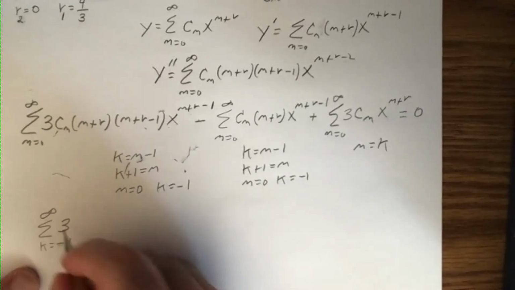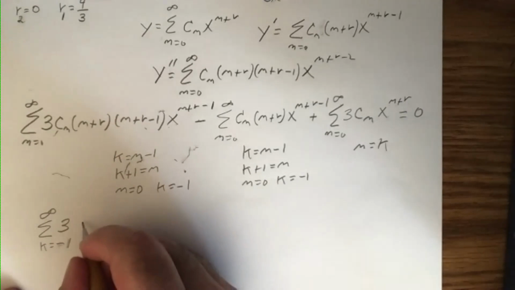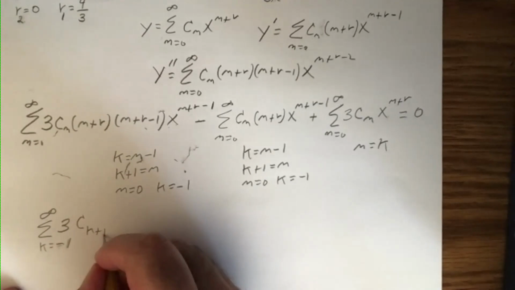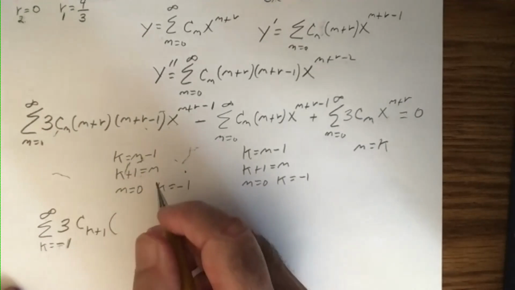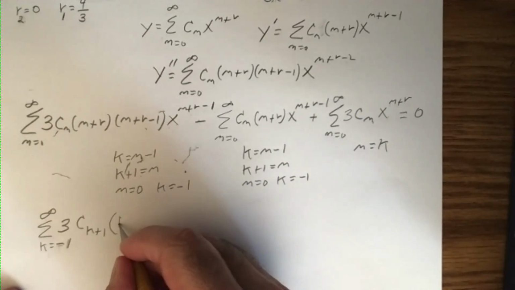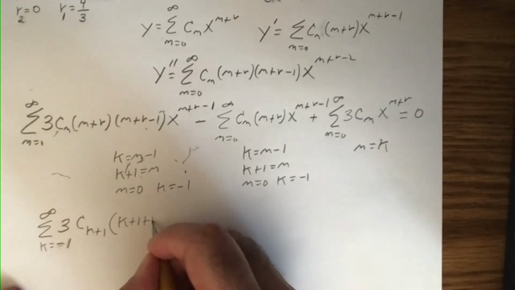Now this is 3, and this is going to be c to the k plus 1, because in the place of n I'm putting k plus 1, and then k plus 1 plus r.